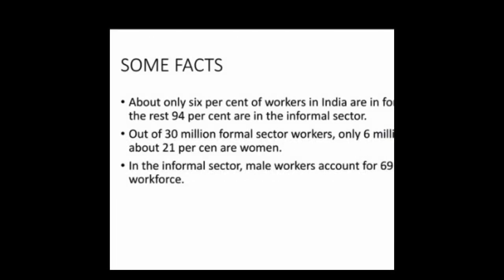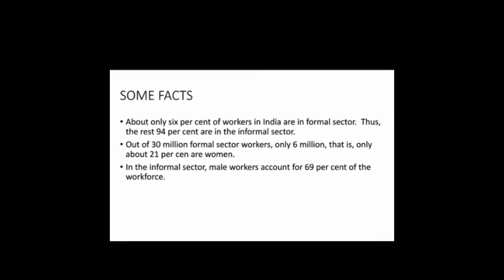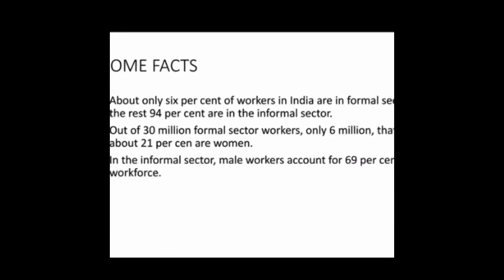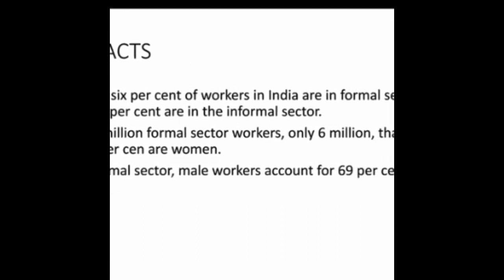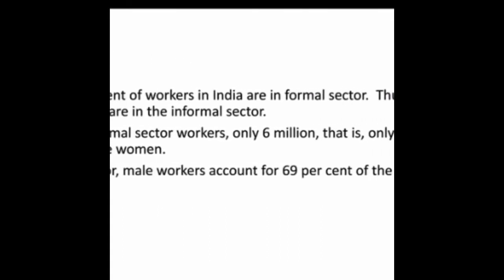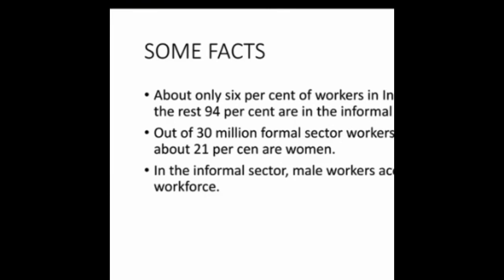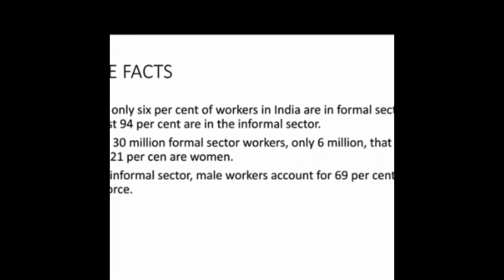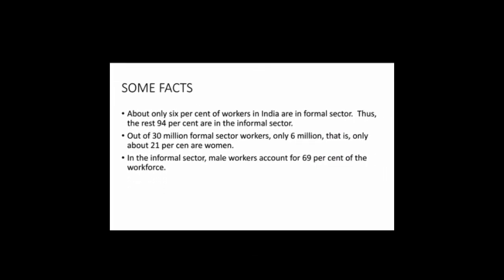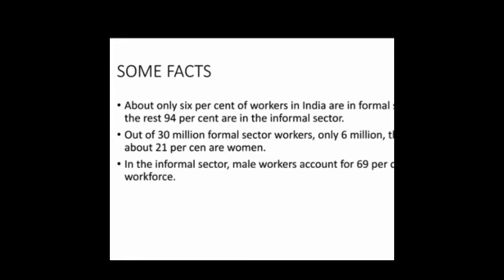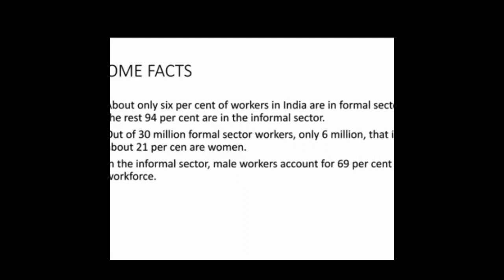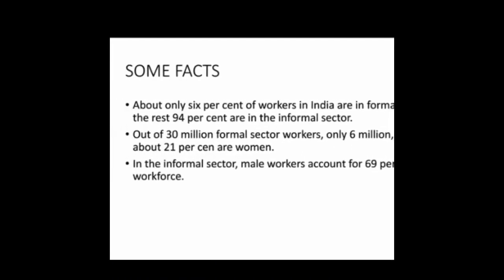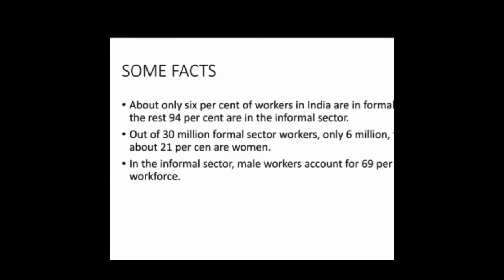Let us also discuss some facts about informalization of workforce. About only 6% of workers in India are working in the formal sector, that is, the rest 94% are working in the informal sector, which speaks volume about informalization of workforce in India. Out of 30 million formal sector workers, only 6 million, that is only about 21%, are women.